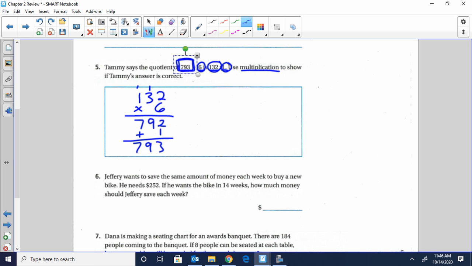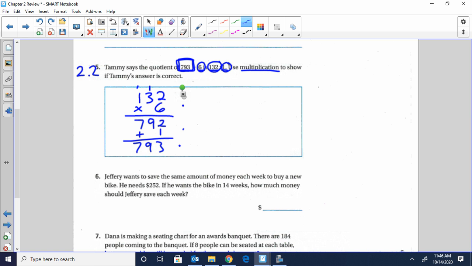Quotient times divisor plus the remainder equals the dividend. And again, you can refer back to lesson 2.2 if you need any help with checking division with multiplication.